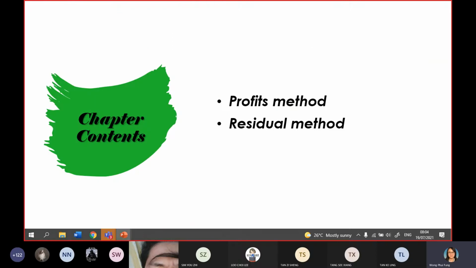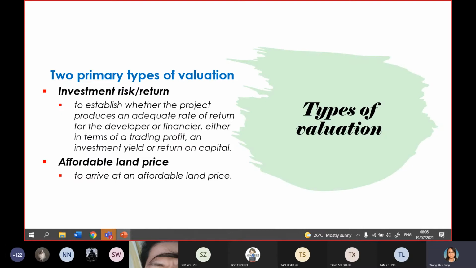All right, so first of all, this chapter will be divided into the profit method and the residue method. It is very, very important for you to differentiate these two methods clearly. The types of valuation can be divided into, as I mentioned just now, the profit method and the residue method. Residue means surplus, balance.